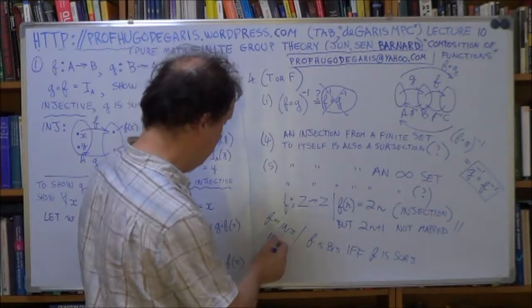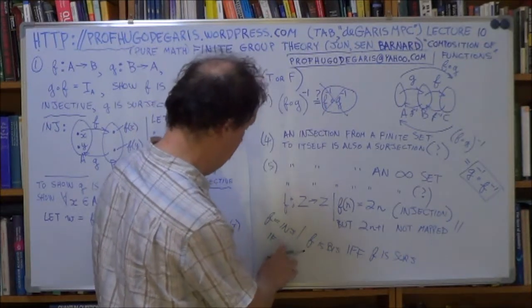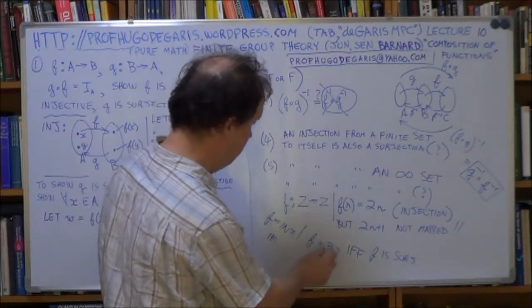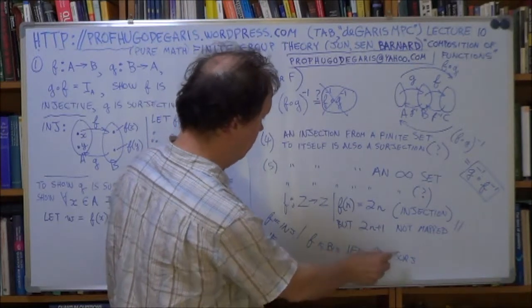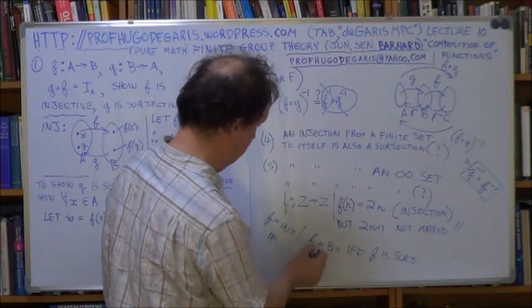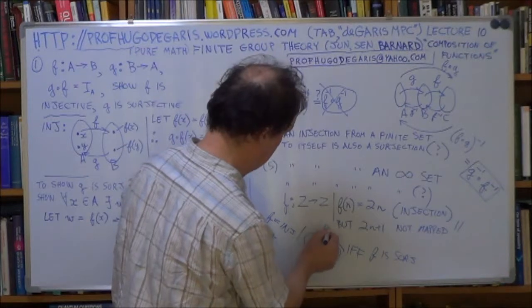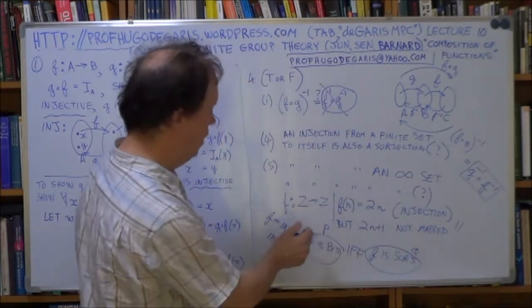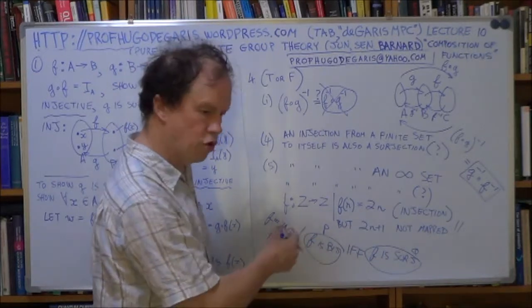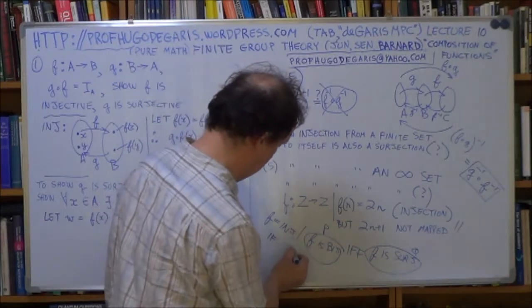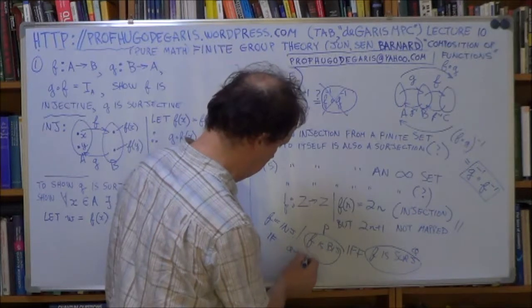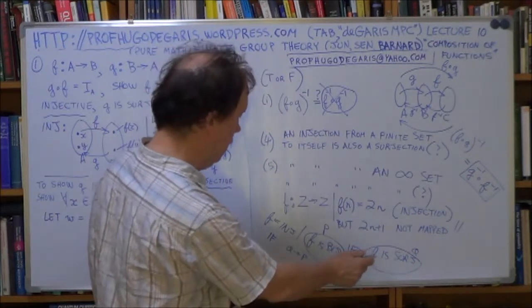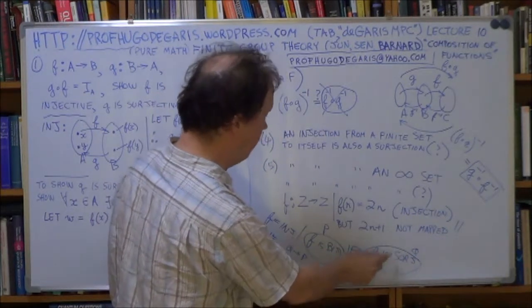F is bijective if F is surjective. Call it statement P, call it statement Q. P if Q: P is true if Q is true. So start with Q, then P. So what is Q? F is surjective.